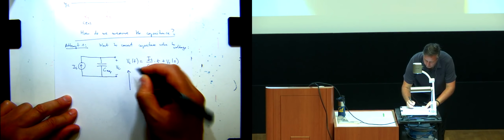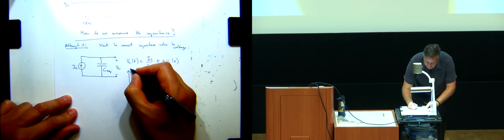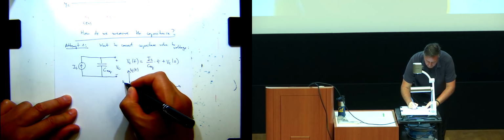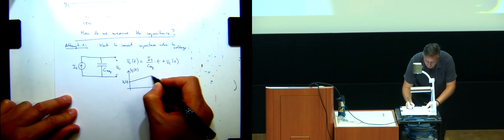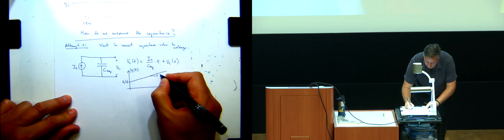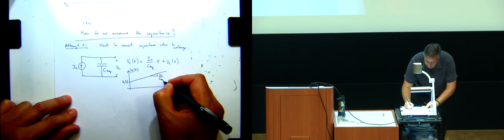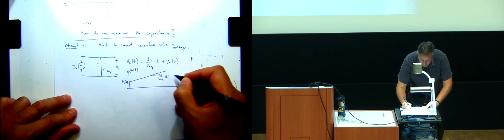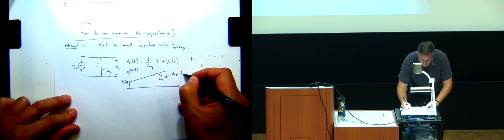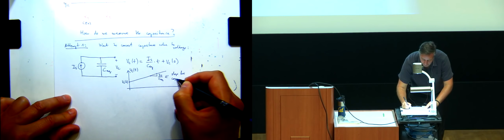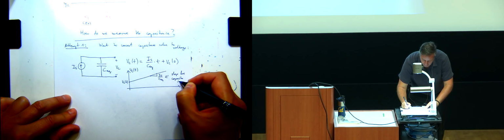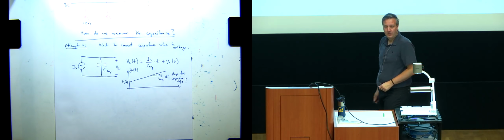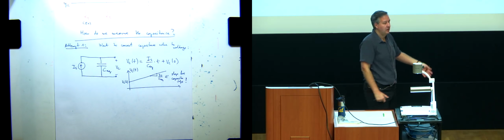And if we draw the Vc versus time, there's some Vc of 0, and there's going to be some slope here, which is I over C equivalent. Now notice here, the slope has capacitor info. So if I can measure the slope of the voltage, then I'm done.